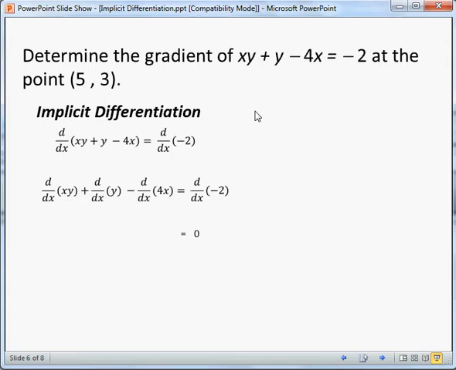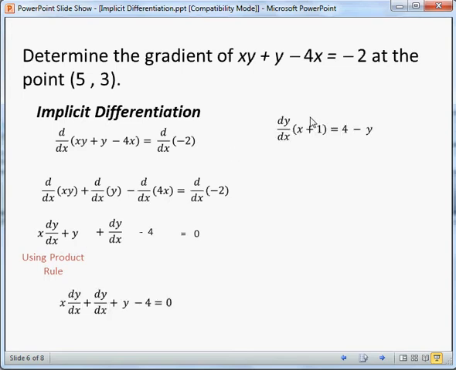The derivative with respect to x of 4x is 4. The derivative of y with respect to x is dy/dx. The derivative of xy with respect to x, well, we did that on the previous page. There it is. See here, we've got dy/dx. That's what we want. So we rearrange, take out a common factor, and we divide, we get dy/dx equals that.